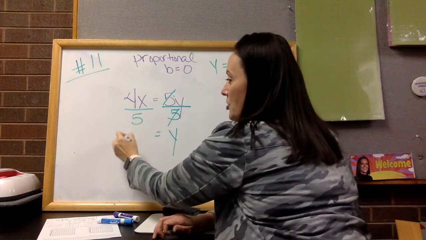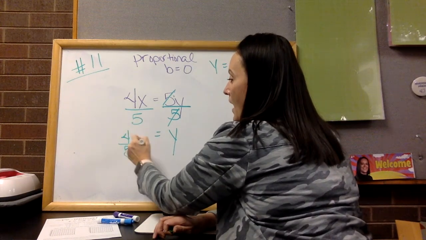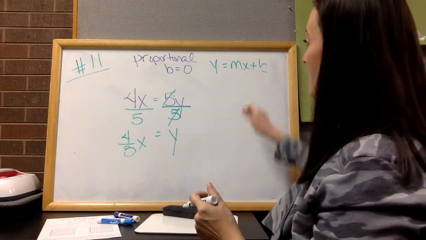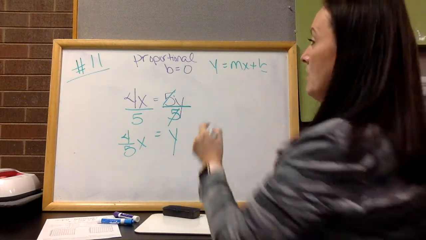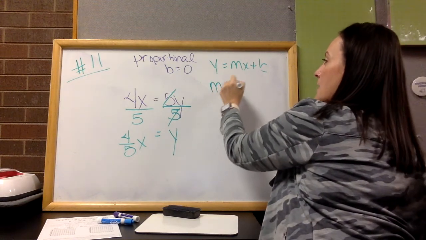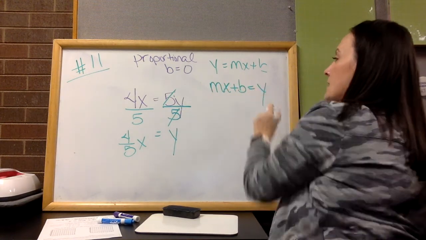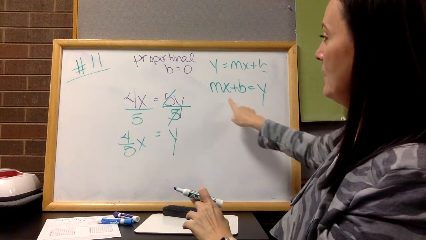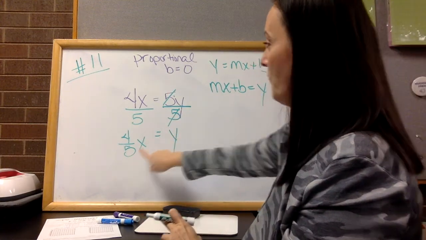Over here, this is just 4 divided by 5 times x, right? So when I look at this, I can see y equals, and remember you can flip this, so it says mx plus b equals y. It doesn't matter which way you write that. I can see that when I look at this, the value for my slope is 4/5.